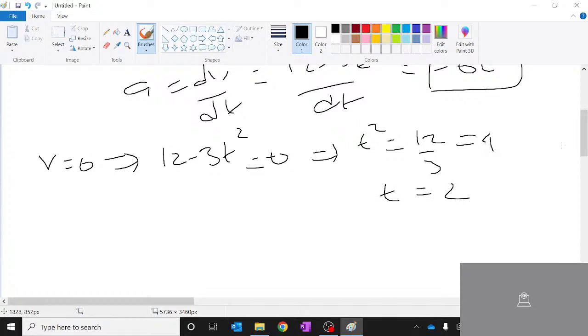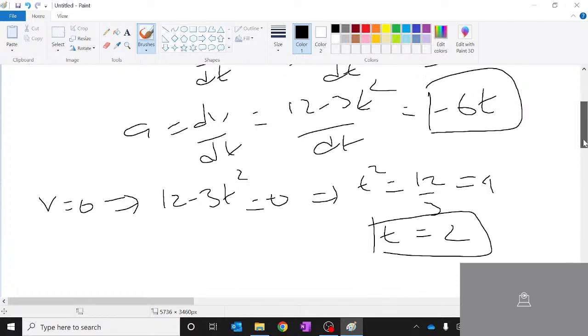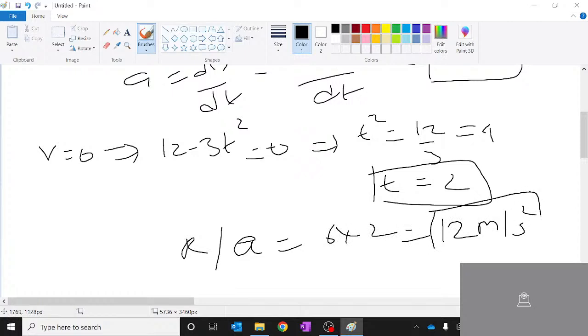So velocity is 0 when time is 2 seconds. Clear? Now when time is 2, they have asked you to find the retardation. So retardation, r is nothing but 6 into 2, which is nothing but 12 meters per second square. Okay, so this is your retardation.